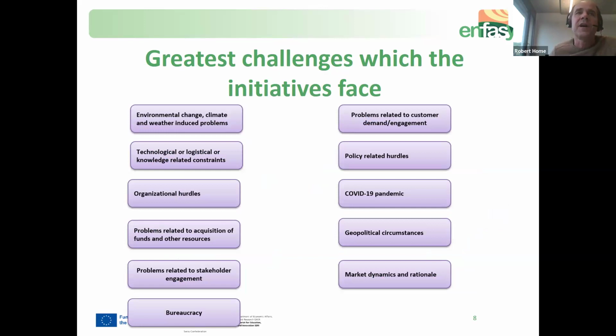Challenges that the initiatives face. We were also very interested in categorizing these. The left-hand column are the greatest challenges, and the secondary challenges are in the right-hand column. So challenges they face are environmental change, climate, technical constraints, organizational hurdles, funding questions, stakeholder engagement, bureaucracy.